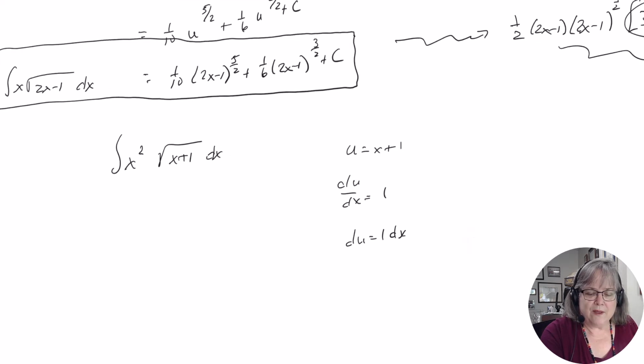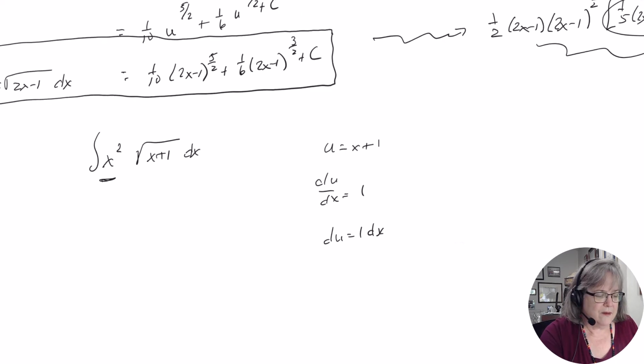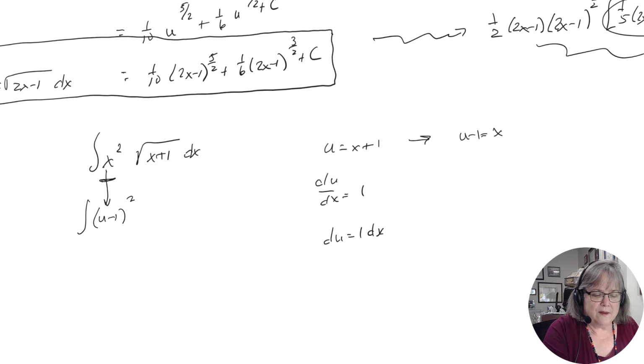Okay, but if I'm going to switch this to du, everybody has to be a u, and I've got an extra x squared, right? So taking it this way, u minus 1 is x, right? So I can substitute that in there, and I would have u minus 1 squared. So this is my x.